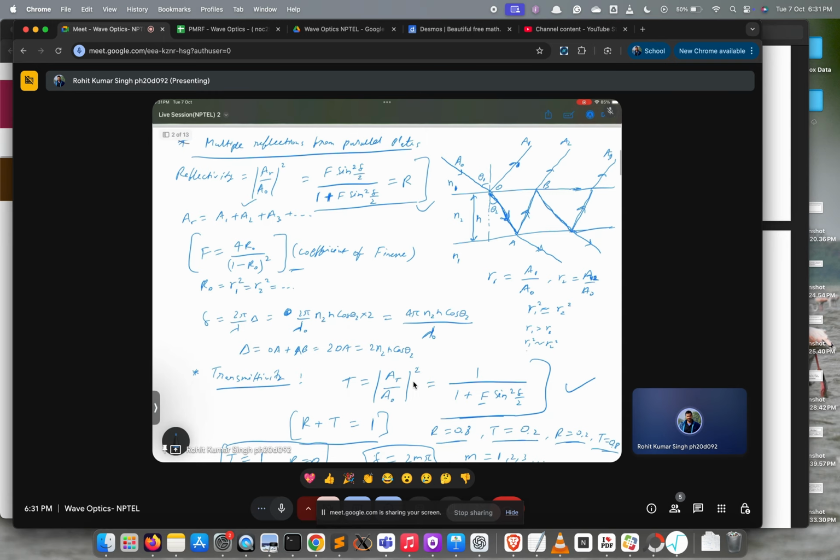This is the assumption that has been used to write this coefficient of finesse. Obviously it is not true, because you are losing some amplitude here, since you have a transmitted light. So it is not true that the ratio of A1 and A0 should be equal to A2 and A0, but it is an approximation that works here basically.